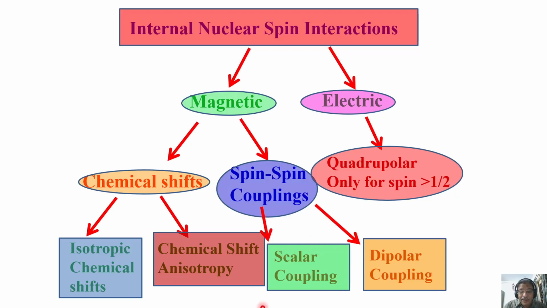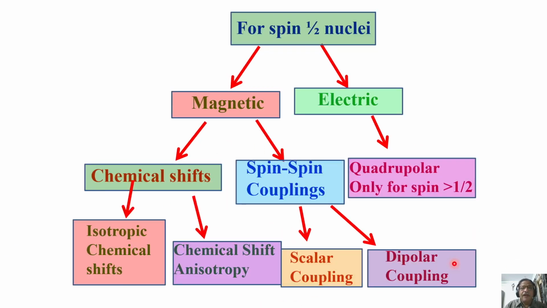It is the isotropic J coupling, and also J anisotropy is there. I'm not classifying further, it will become too complicated for you at this stage. You don't have to worry. Similarly, the dipolar coupling, that again we can divide into 2 parts. We'll not go into more details, but remember the broad classification: chemical shift has an isotropic part and an anisotropic part. Similarly, spin-spin couplings I have classified as scalar coupling and dipolar coupling.